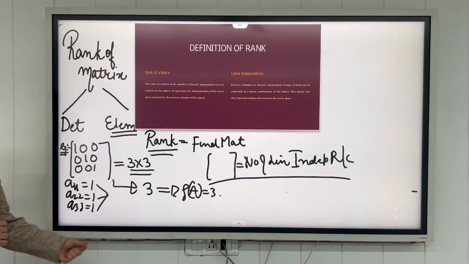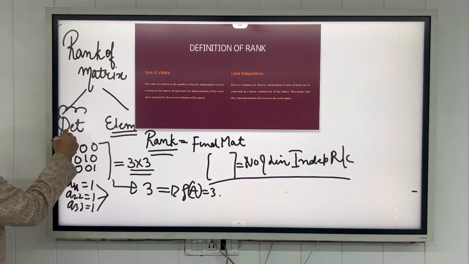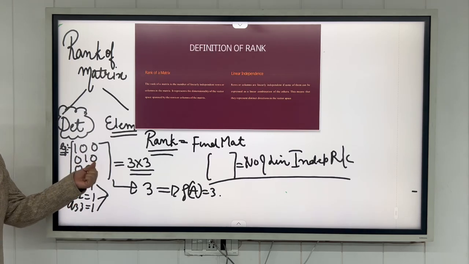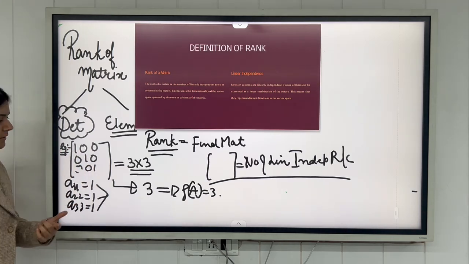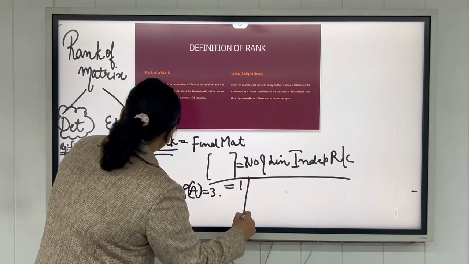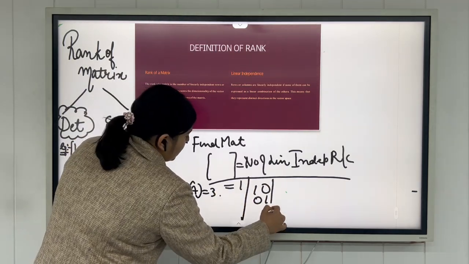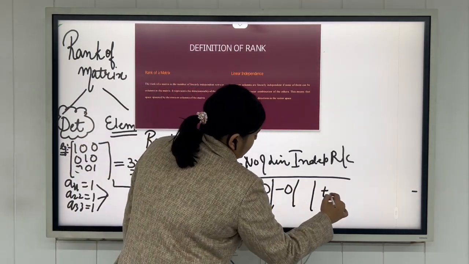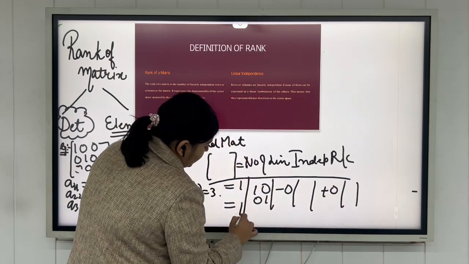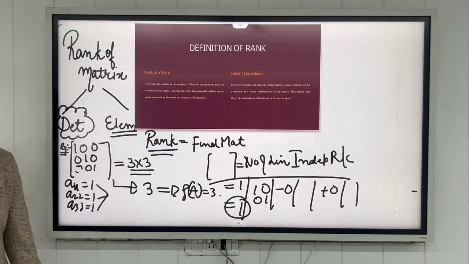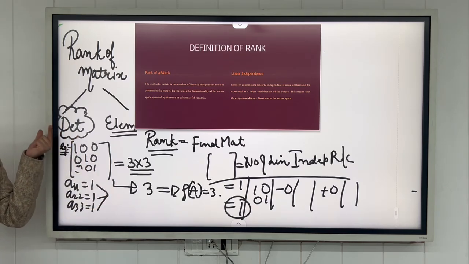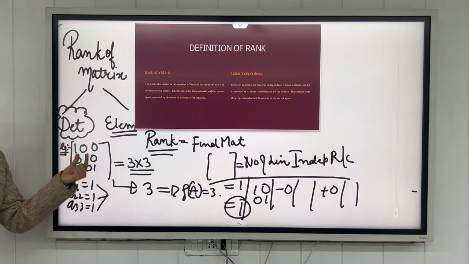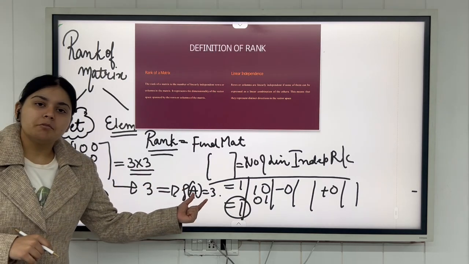Fine. But if I ask you to find the rank with the help of the determinant method, what would be the determinant of this identity matrix? Apply the same traditional method. That will be 1. So what does it say? If the value of the determinant is non-zero for that particular order, that will be the rank of the matrix.